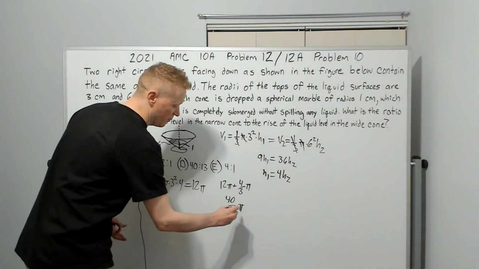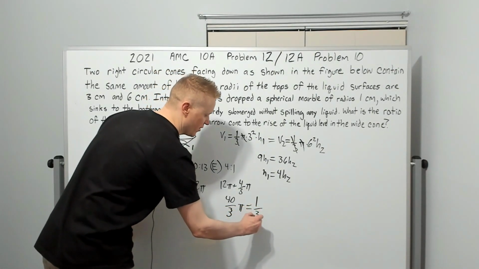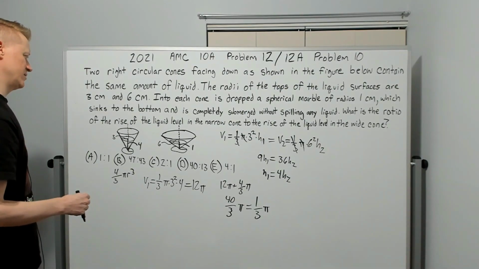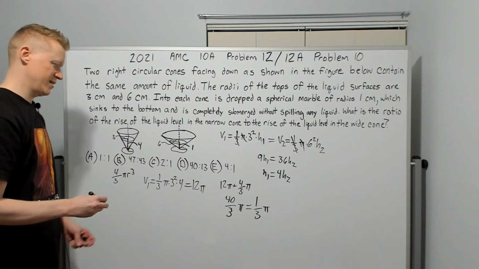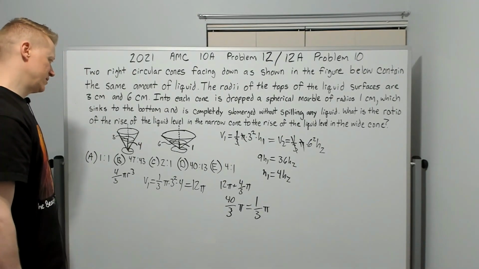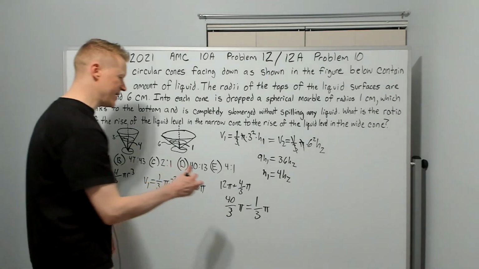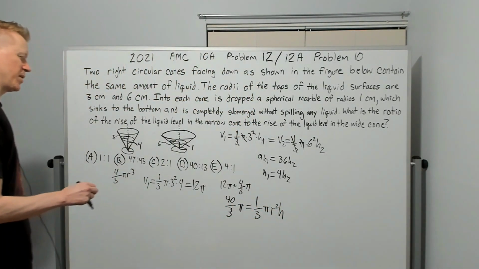So then, let's set this equal to a cone's volume again. It's 1/3 pi r squared h.